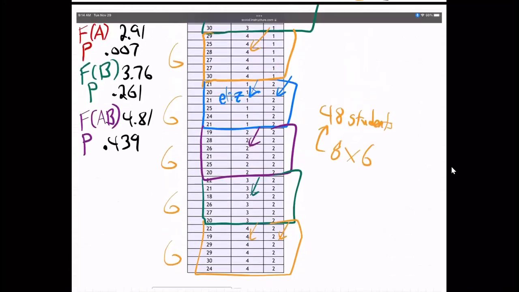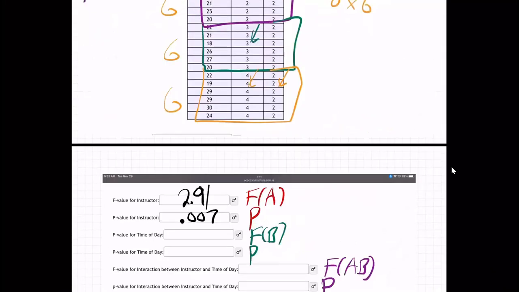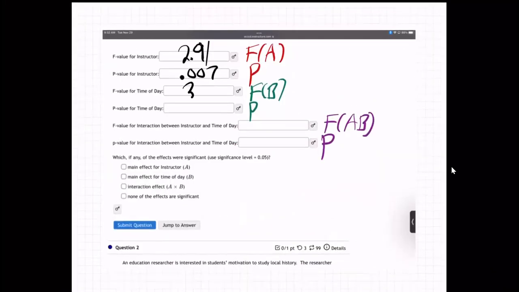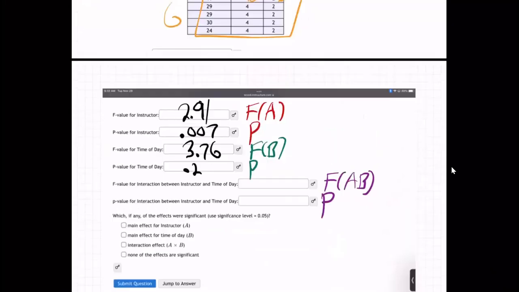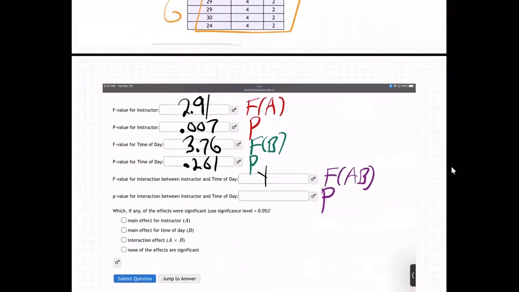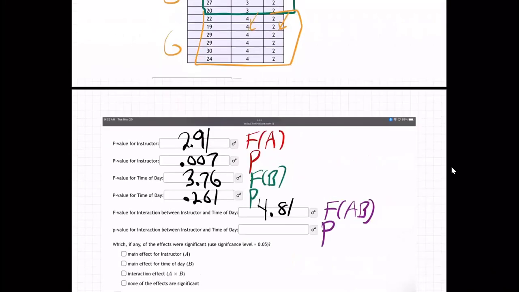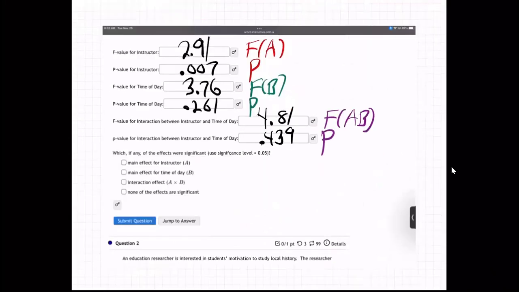I'm just going to put in the 2.91, 0.007. Okay. And 3.76, 0.261. And then lastly, I had 4.81, 0.439. Okay, so put those numbers in there.